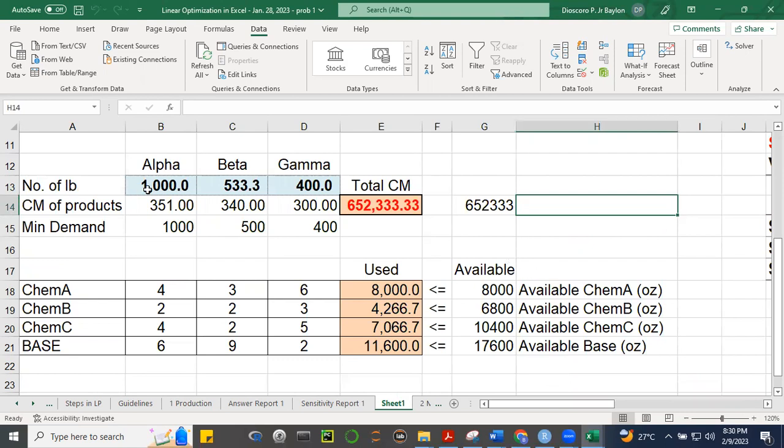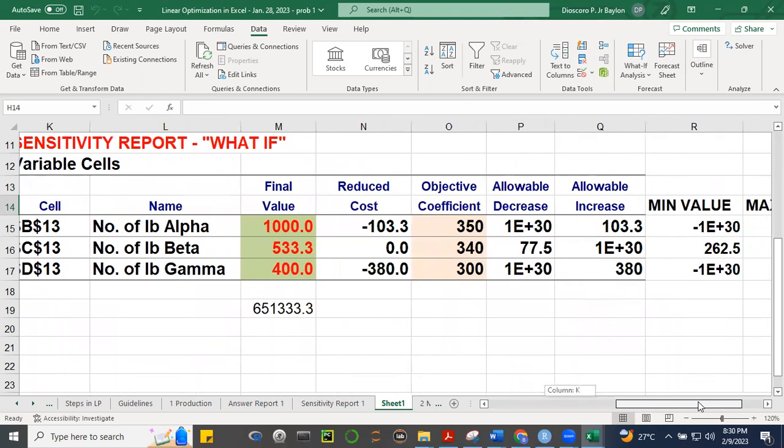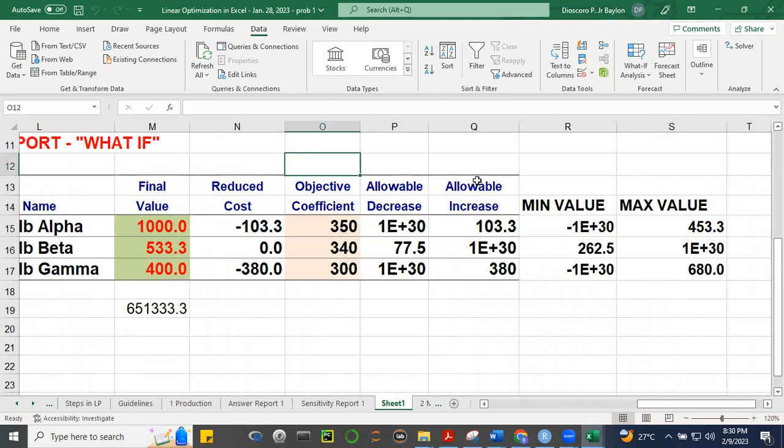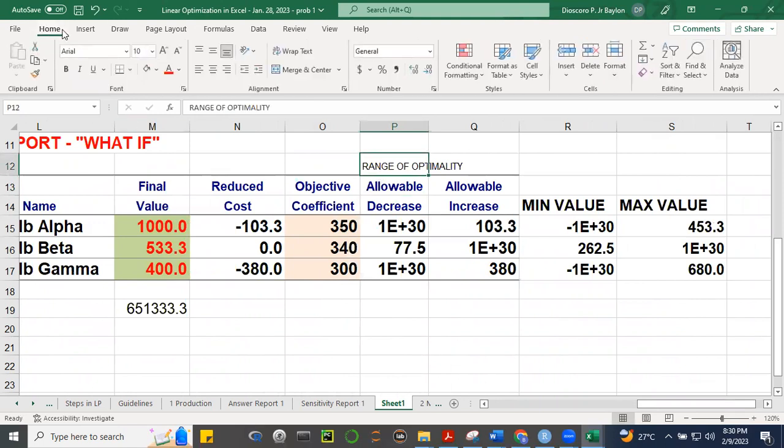Alam natin hindi magbabago kasi yung 351 is still within the, by the way, you call this, class, yung solution na to, so this is called the range of optimality.